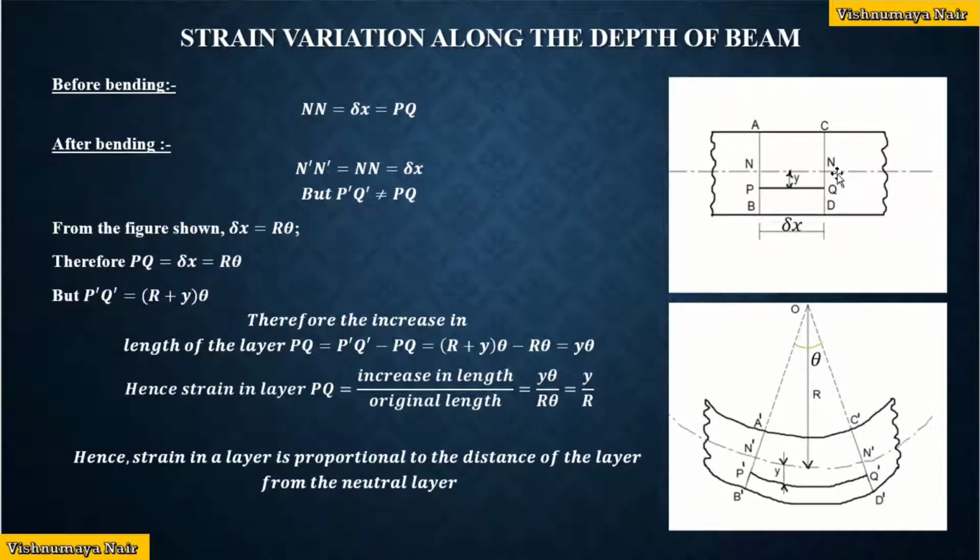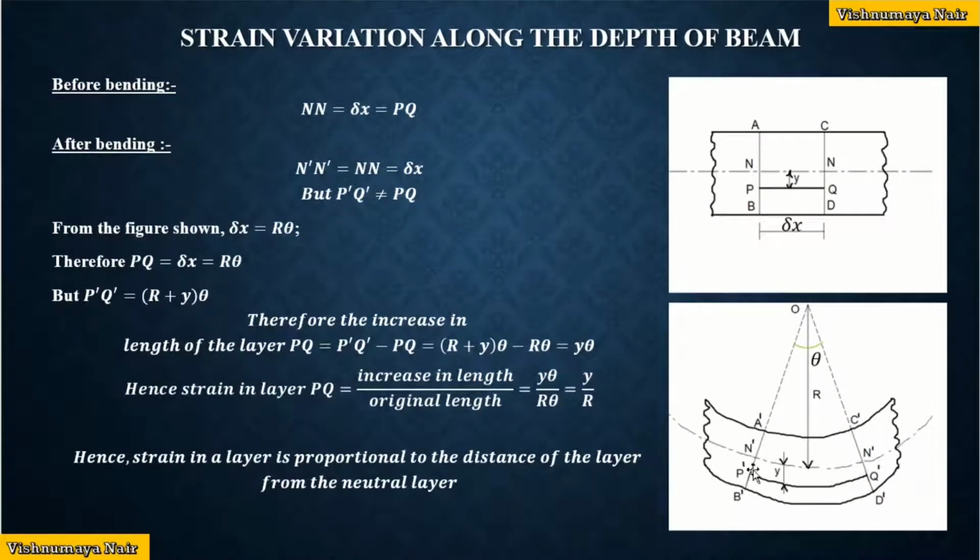But the length of the neutral layer remains unchanged before and after the bending. So NN will be equal to N prime N prime will be equal to delta X. Since PQ has been elongated to P prime Q prime, the length of P prime Q prime will not be equal to that of PQ.